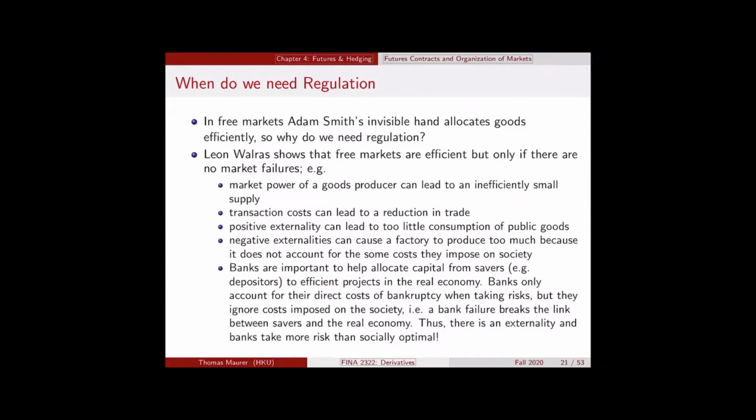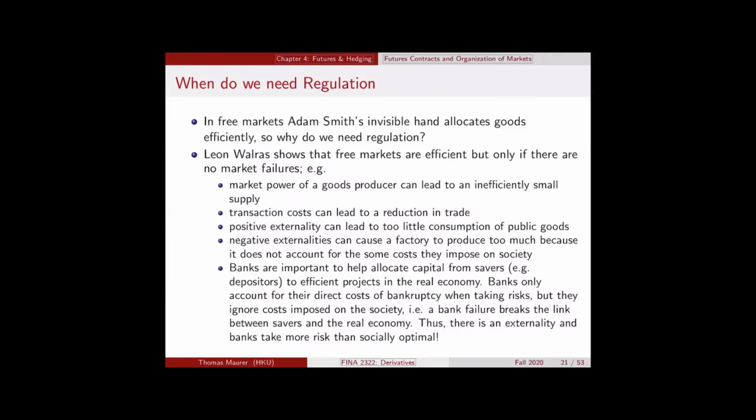Well, it turns out that this argument by Adam Smith is limited to markets where you don't have any externalities. And so Leon Walras was an economist who formalized that, and he showed that if there are market failures like externalities or market power, then free markets are not efficient and regulation is needed to get an efficient outcome.